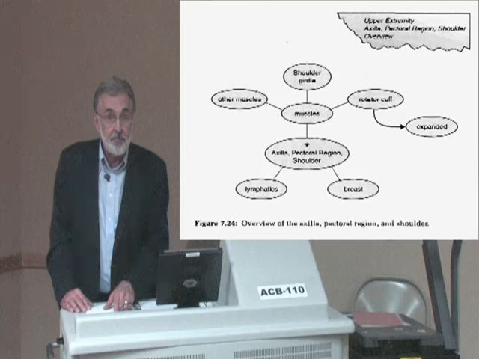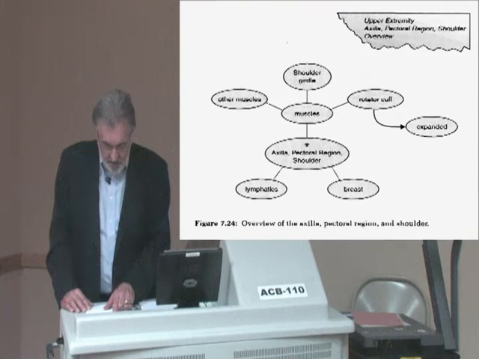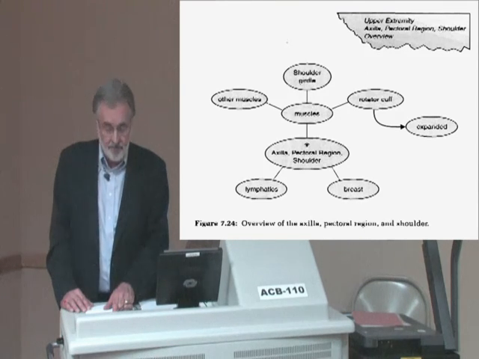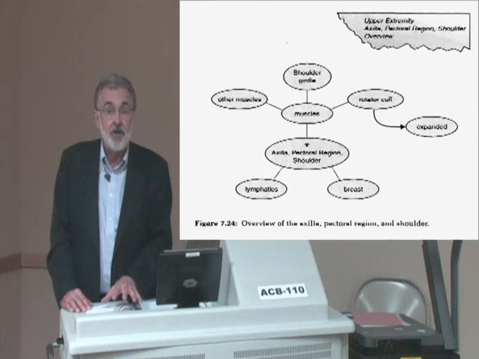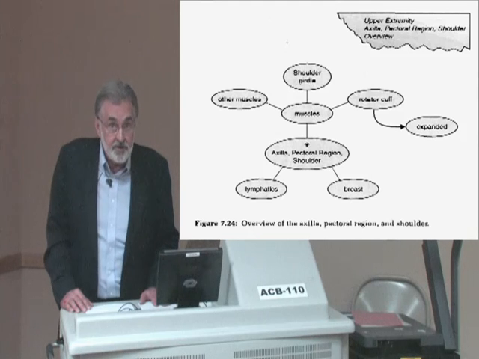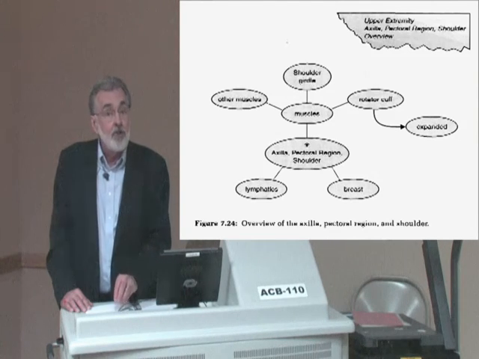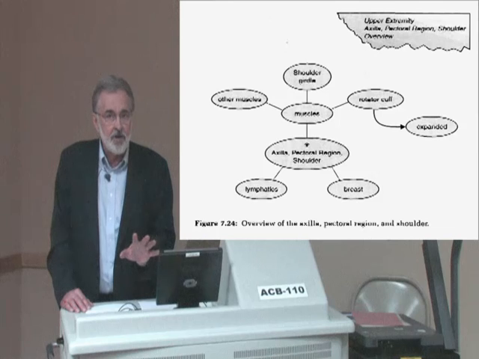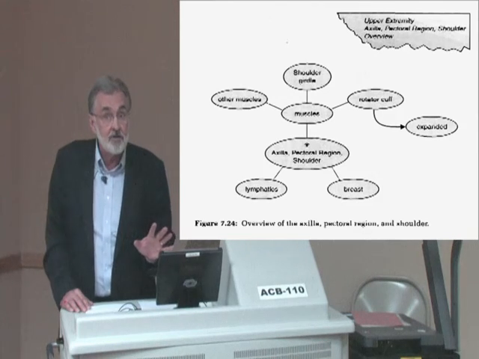And so you see it appear again, axilla, pectoral region, and shoulder, and more branches now. If you go back and compare with the previous slide, there were no branches. Now we've got branches, but again, very general, very easy to find too.